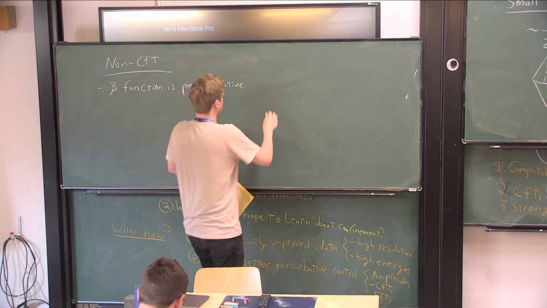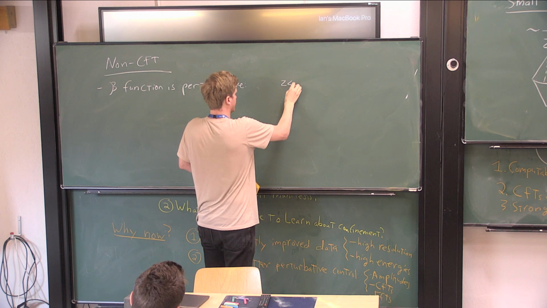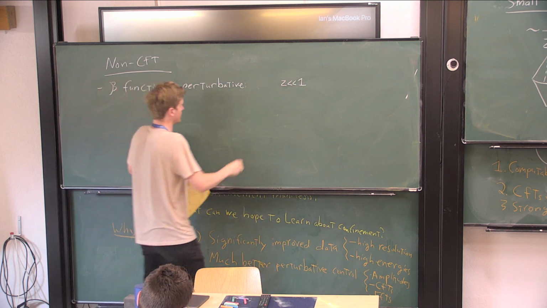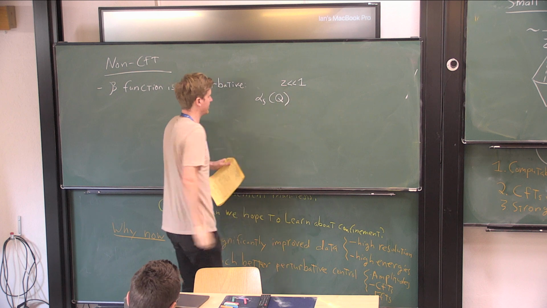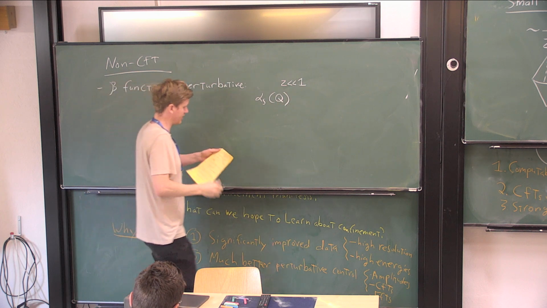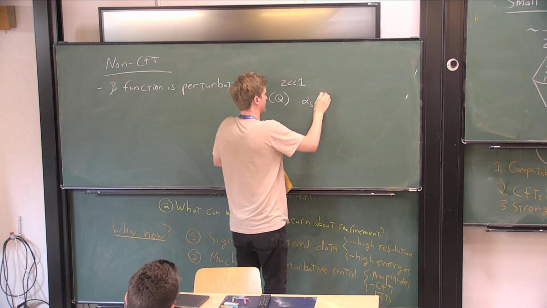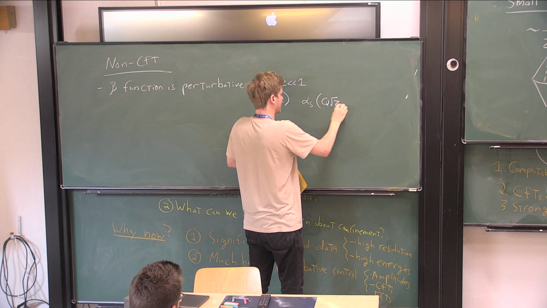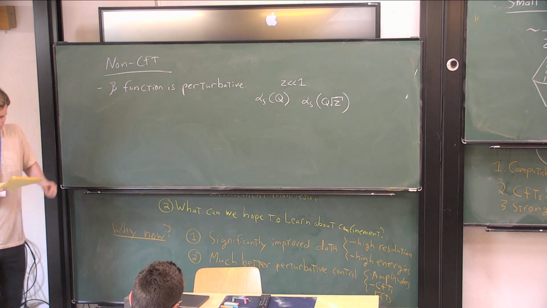If you have z much, much less than 1, then two scales appear. You have to measure the coupling both at the high scale of your collision and also at the low scale, which you can show is Q root z, the virtuality of the parton.